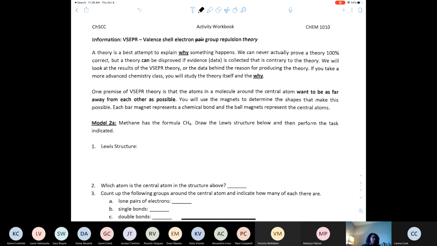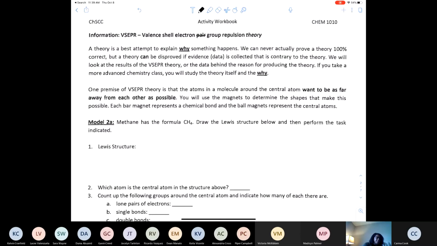All of that follows what we call VSEPR theory, which stands for valence shell electron pair repulsion. In newer chemistry books, the word pair has been dropped and they say group, the valence shell electron group repulsion theory. Most people still call it VSEPR.